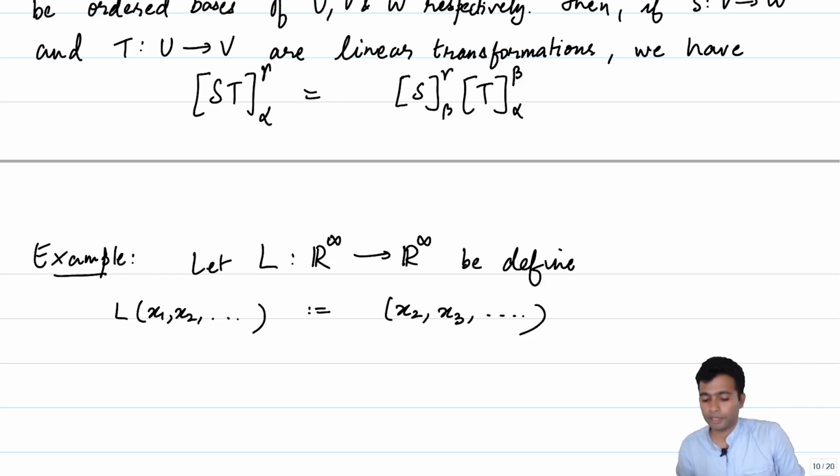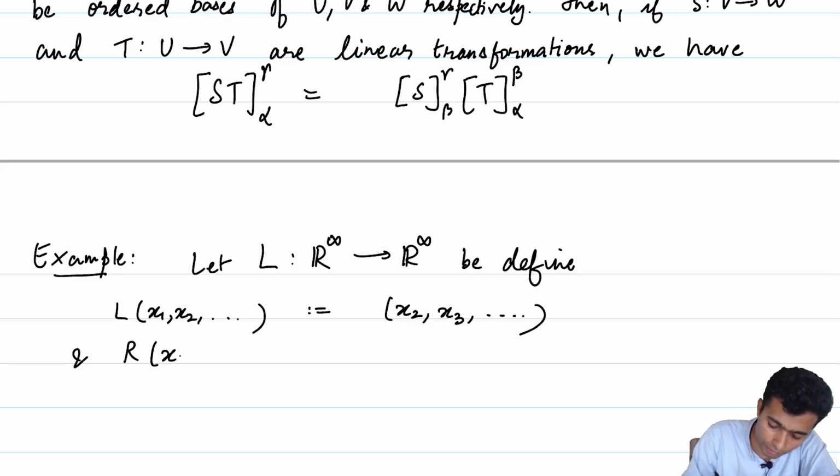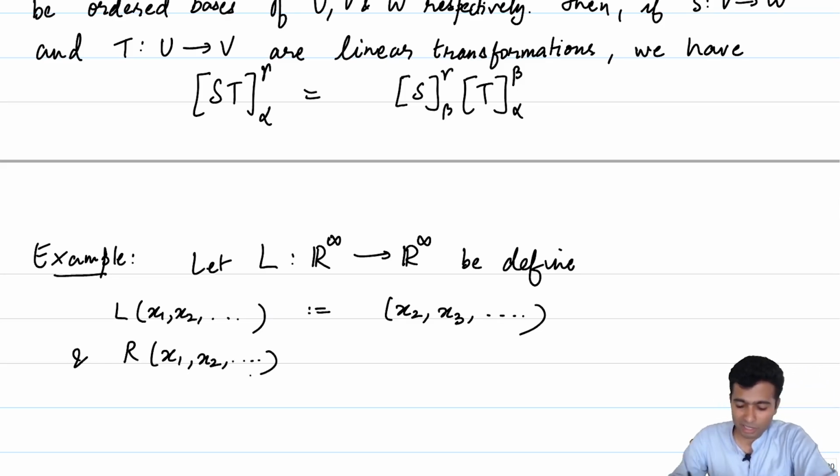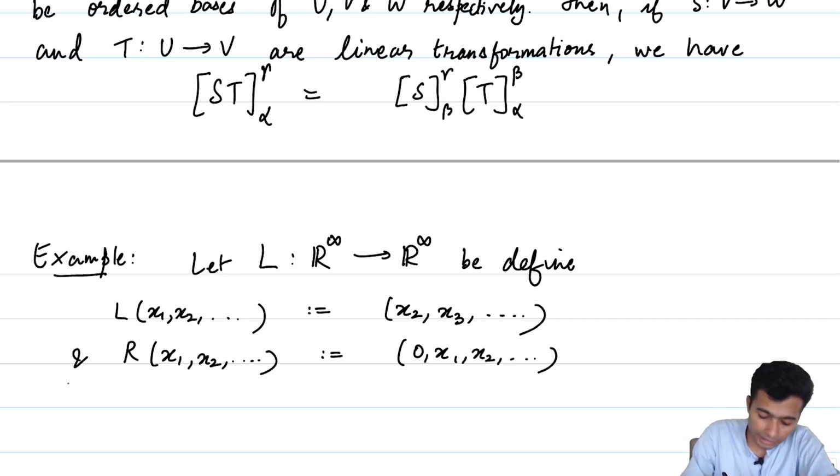This is the linear transformation L that we would like to define. Check that this is a linear transformation. And R be the right shift operator. This time R is not the range, R is the right shift operator, which is defined as 0, x1, x2 and so on.